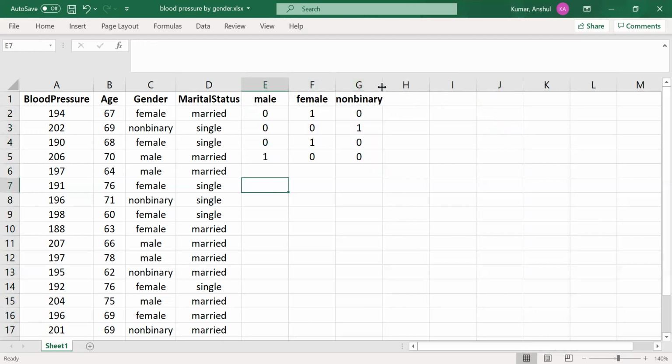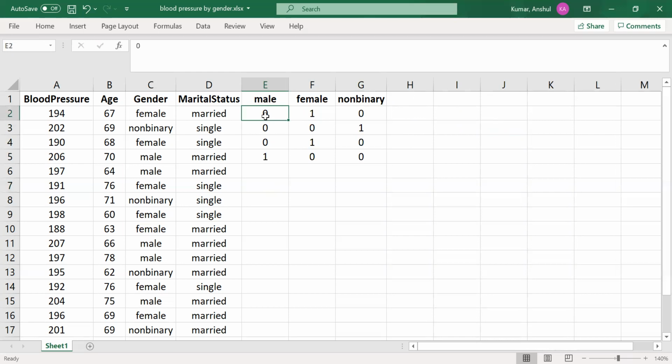The next thing we're going to do is look at how these numbers, these zeros and ones, allow the computer to figure out somebody's gender. So the idea here is that we're going to ignore column C and we're going to check to ourselves, can we just use columns E, F, and G to figure out somebody's gender?